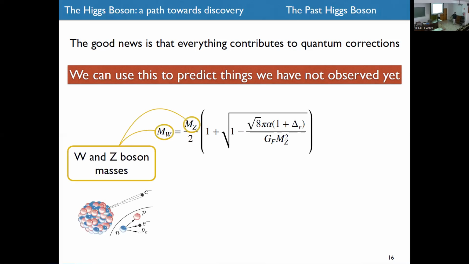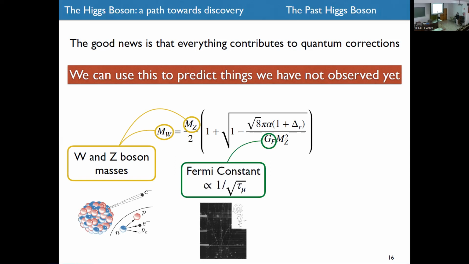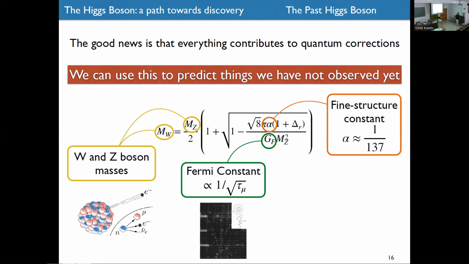These observables are the mass of the W and the mass of the Higgs boson, the Fermi constant that is related to the lifetime of the muon, and the fine structure constant that everyone knows very well. Now, quite interestingly, all of these objects are very, very precisely measured. Actually, these are the most well measured observables in high energy particle physics.